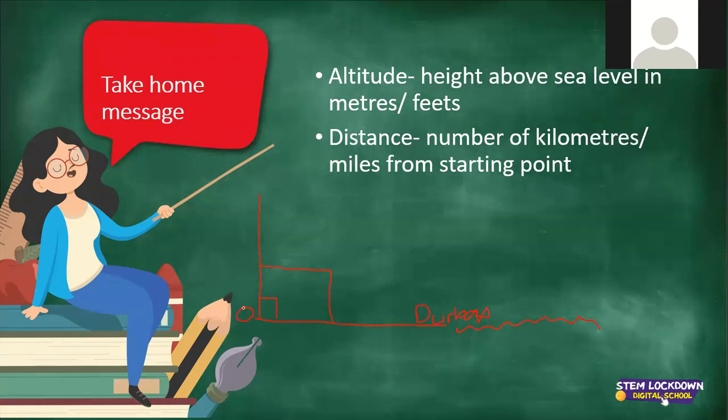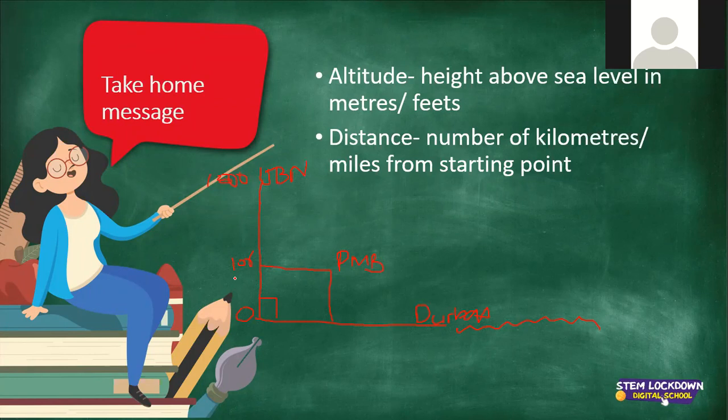If you're staying like me in PMB, a couple of 100 meters above sea level. If you're staying in Joburg, maybe 1,000, maybe 1,500 meters above sea level, I'm not quite sure. Johannesburg.